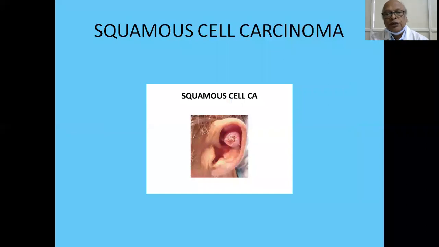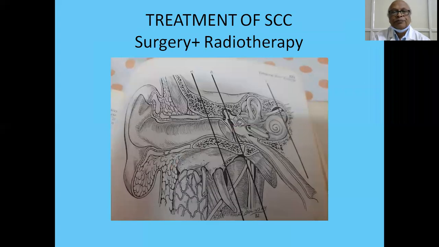But if the squamous cell carcinoma occurs in the external canal, then we should treat it very, very carefully, because this particular lesion in the external canal may involve the cartilage or may involve the bone. So if there is only cartilage involvement and not much bone involvement, then you can do what is known as a partial temporal bone resection.